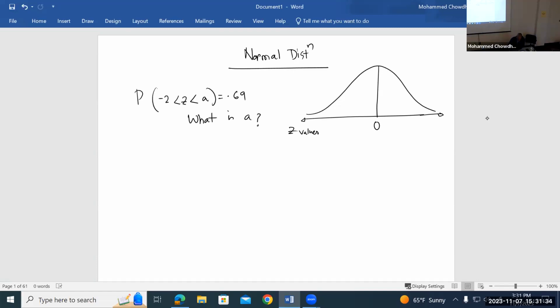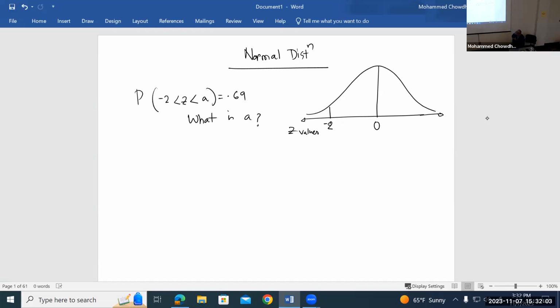Now I am given -2. So this is my -2, and then -2 to a equals 0.69. Are you understanding? So my question is, should a be in here or in here?